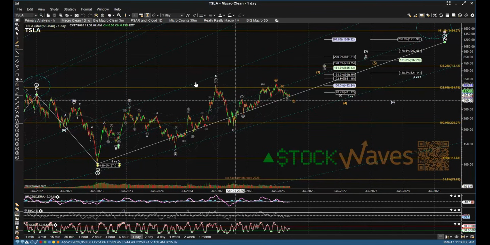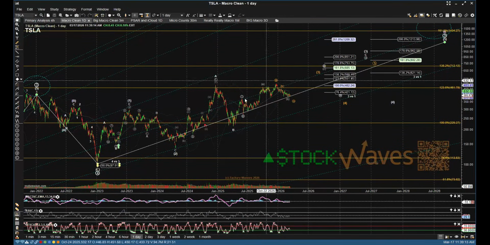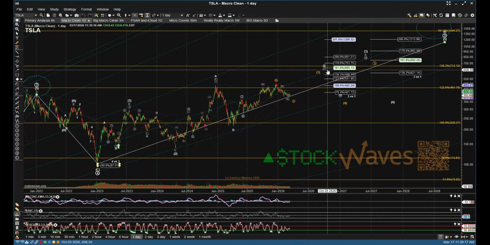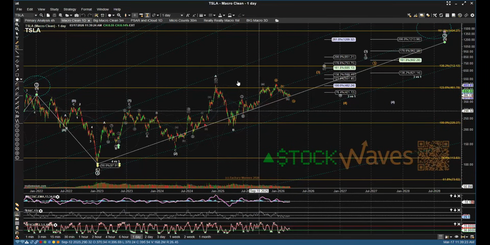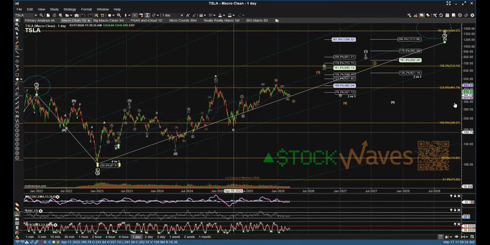And this bigger A wave than we typically see to stretch wave 3 up even higher is why I really like this still as just the A and the B wave inside this wave 3 of the C. So what I'm looking at is a fractal to this larger A wave and B wave, even though we're holding a nice expanded flat for that B, as opposed to getting such a deep retrace like we got into the April 2025 lows.